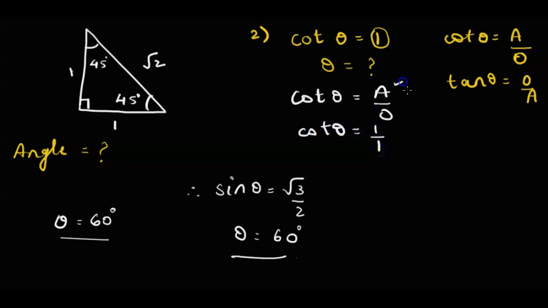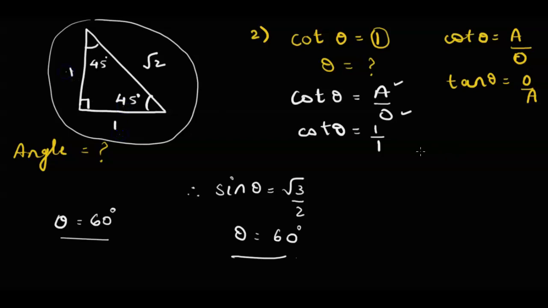So we're looking for adjacent one and opposite one, both sides to be 1. And we know both of these sides to be 1 is seen in this triangle. And for which angle is opposite also 1 and adjacent also 1? That's angle 45 degrees. Therefore, theta is equal to 45 degrees. And this is how we use special triangles to find out the angle if we're given the ratio.